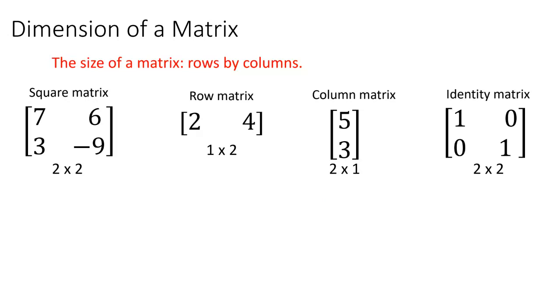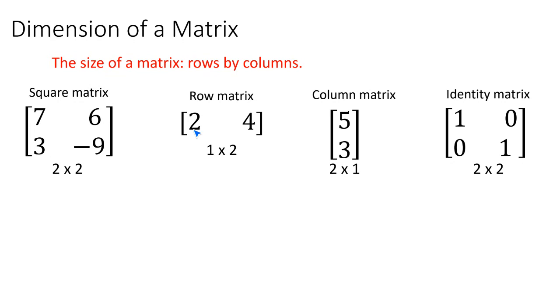The dimension of a matrix: sometimes assignments might say dimension. If you hear the word dimension, it's just asking for the size. And the size, we identify by the number of rows and the number of columns. If you have the first one here, notice it has 2 rows and 2 columns. If it has the same number of rows and columns, we call it a square matrix.